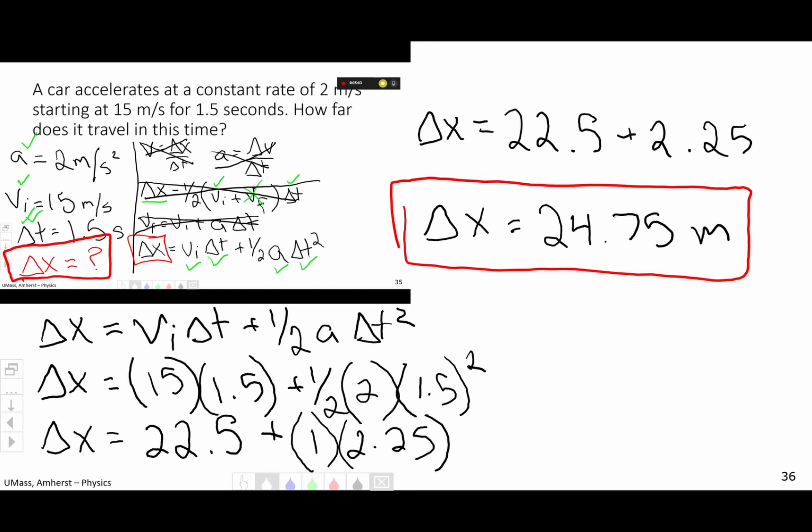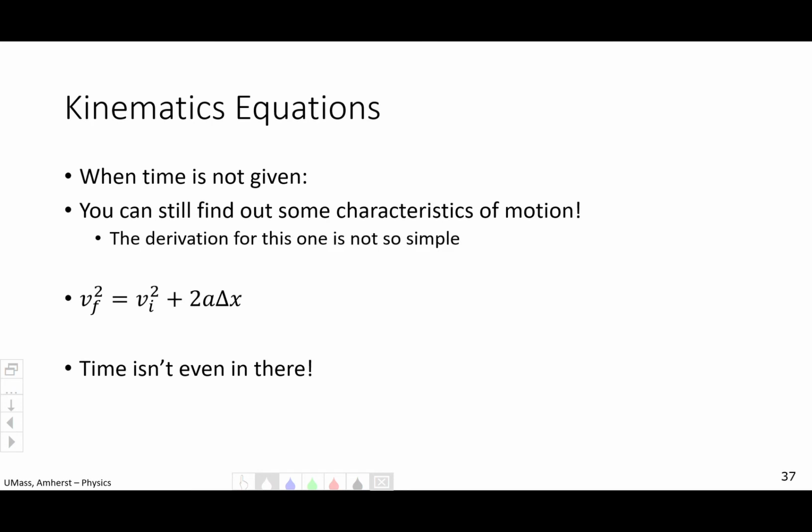Moving forward, the last kinematic equation is typically, I see for students, the easiest, at the very least, to determine when to use it.